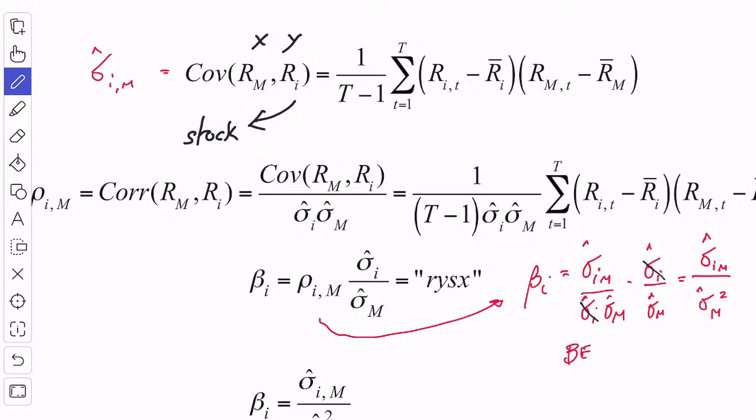We just call it beta. We always call b beta, but now we actually have the symbol to go with it. The covariance standardized is the correlation one.